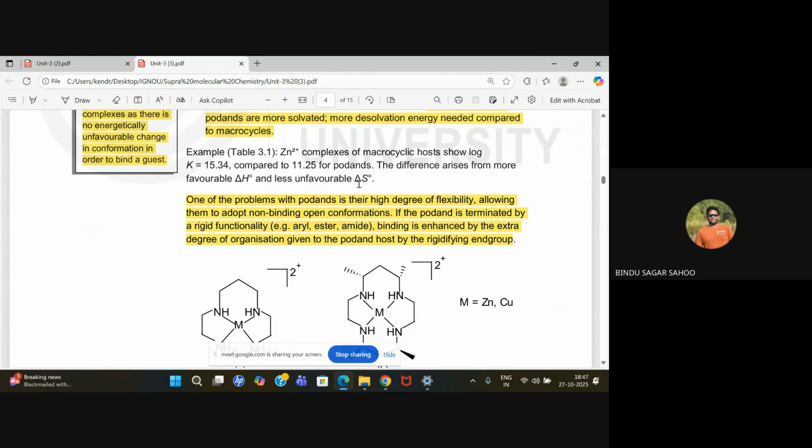One problem with the podant molecule is its higher degree of flexibility, which allows it to adopt a non-binding open conformation. If the podant is terminated by a rigid functionality, definitely it will gain some extra stability and organization inside the structure.